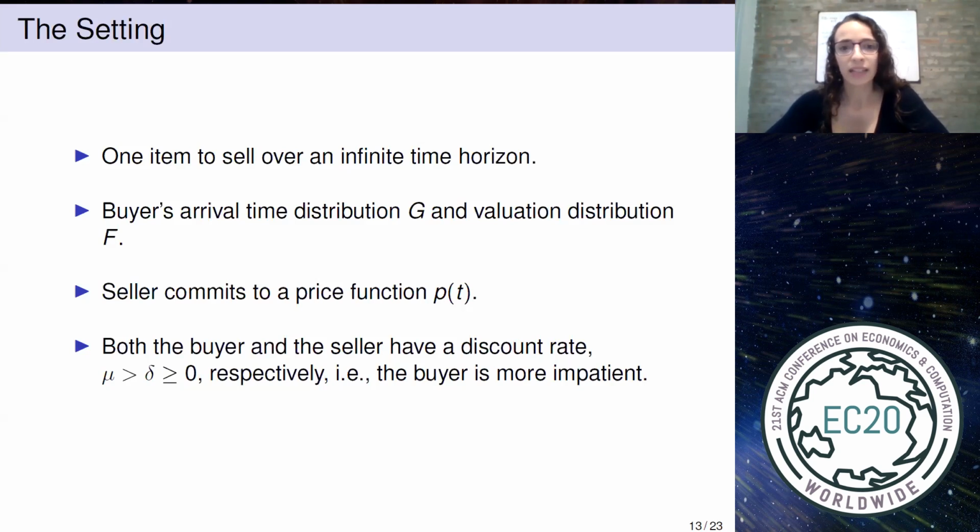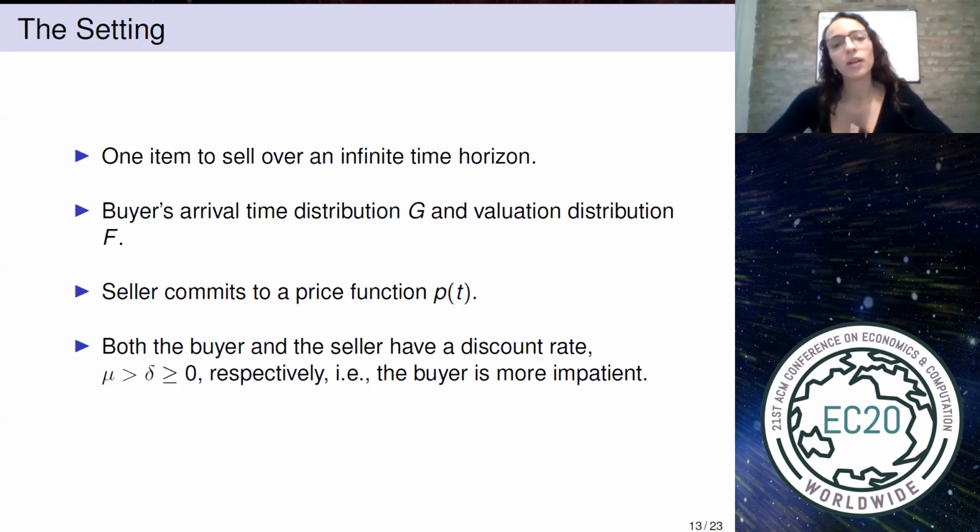We assume that there is only one buyer who arrives according to some distribution G, and the buyer has evaluation B, that is private information, but its distribution F is well known by the seller. We consider that the seller commits to a price function, and we also assume that both the buyer and the seller have a discount rate.